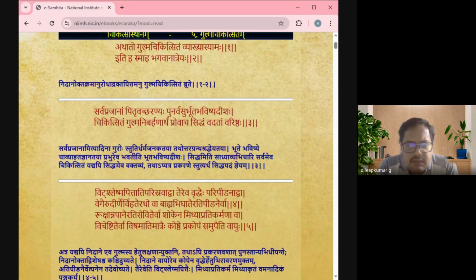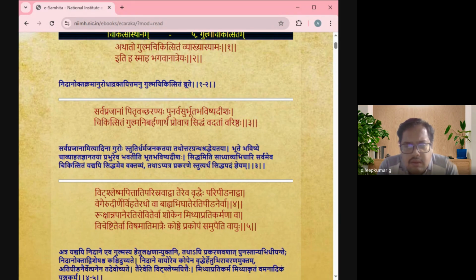So the first level of gulma, or how gulma develops. Imagine there is a GIT tract, for example, stomach or intestine. You can see there is a mucous membrane, submucous membrane, muscular layer, serosa layer.